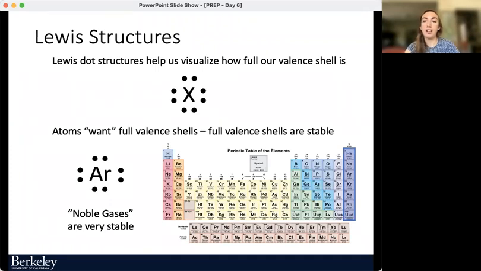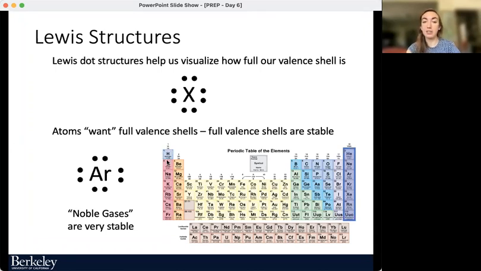And all of the other elements aspire to have the same level of stability. So they're all going to try to get rid of electrons or acquire more electrons or bond and share with friends in order to have a full valence shell, which for everything other than hydrogen means 8.